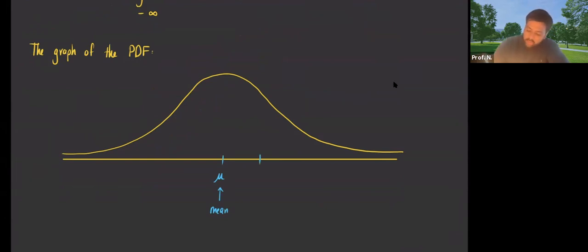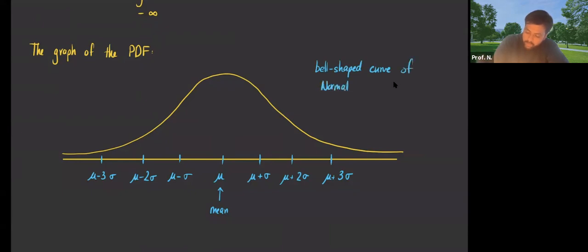As we move to the right, these tick marks are by the standard deviation, and we go all the way to the third standard deviation to the right, and we do the same thing to the left. So this is the bell-shaped curve of the normal random variable PDF.